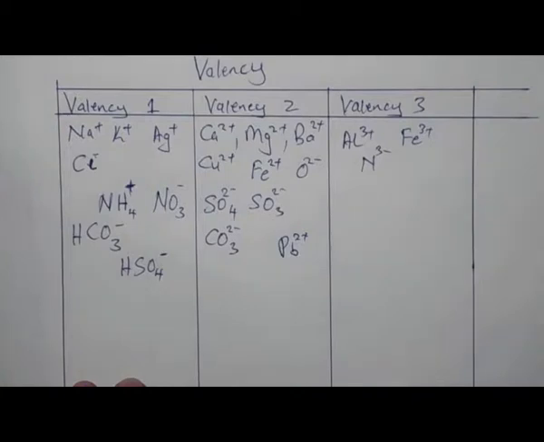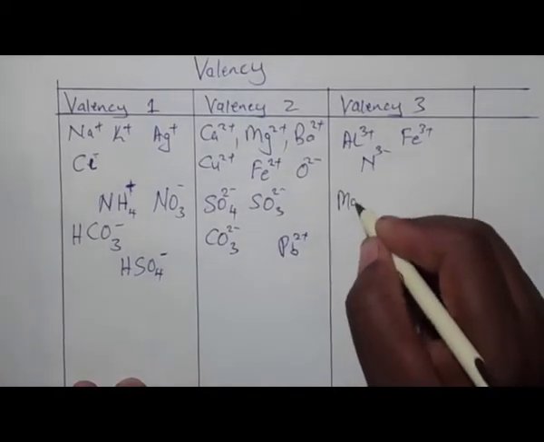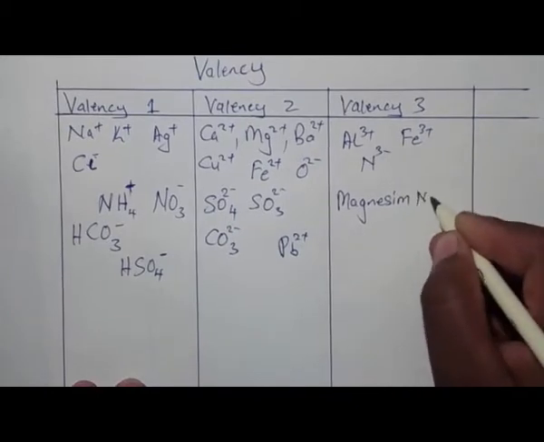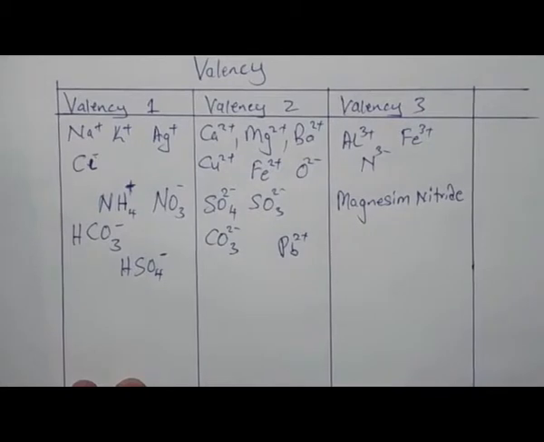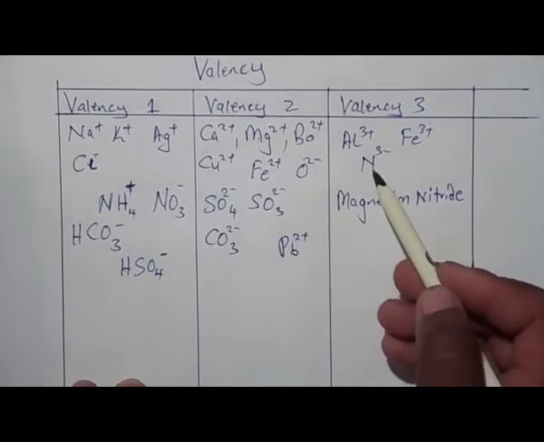Now, remember the formulas. After valence, we need to know how to write formulas. For example, a formula of magnesium nitride, a formula between magnesium and nitrogen.